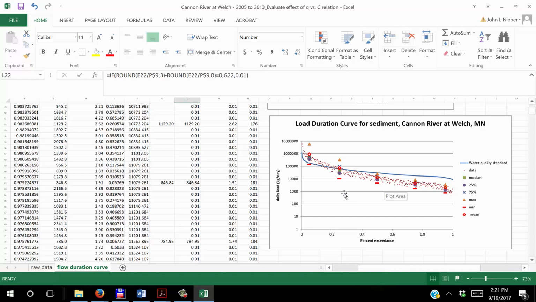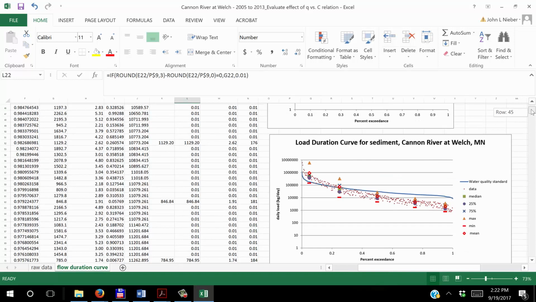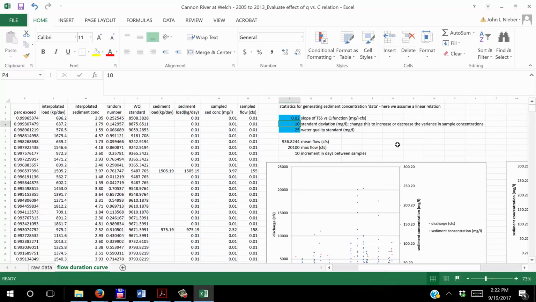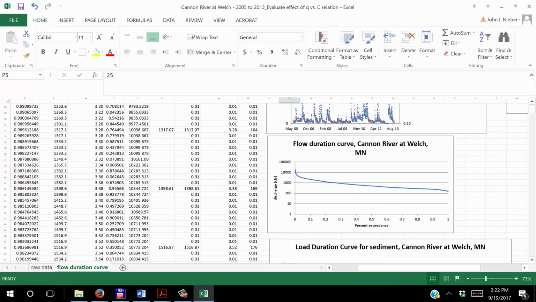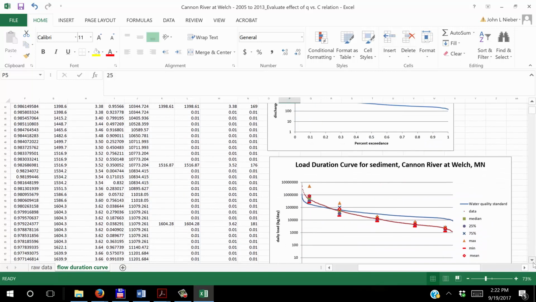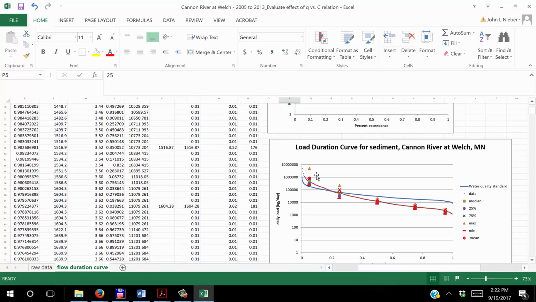Okay. So what we can do is we can play around with that standard deviation. If I make the standard deviation 0, you can see that basically the points all fall on a line. The maximums and minimums and so on that are shown here are a bit deceiving because these are calculated over a range of values.